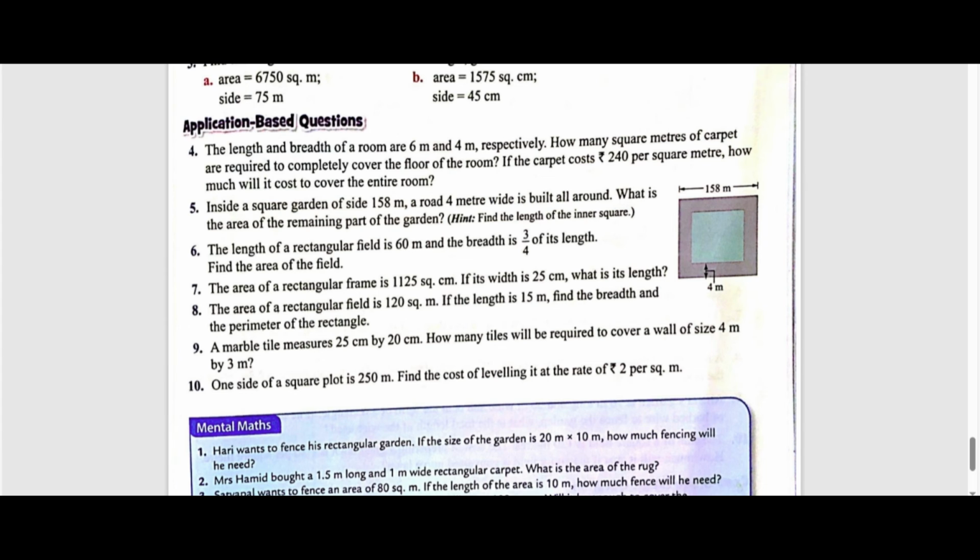So step one, we have to find the side length of the inner square, the part inside the road. The road is 4 meters wide on each side. So first we have to subtract 4 meters from each side of the square, subtracting 4 twice, because that is the inner side.